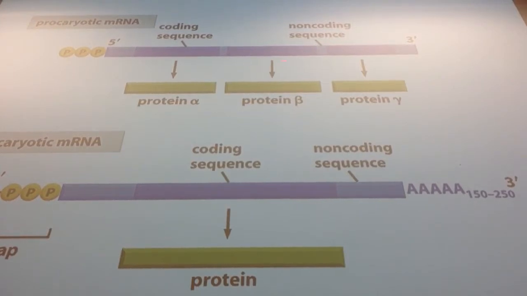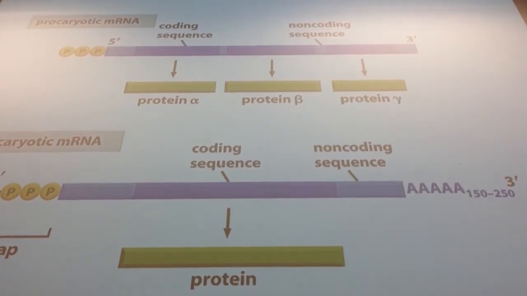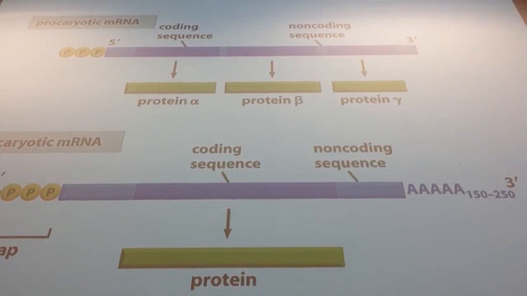As the cell continues, the third function of a cap is that the cap is involved in choosing and in the removal of the first intron. And it's a little complicated. It's not as easy as removing the first intron.